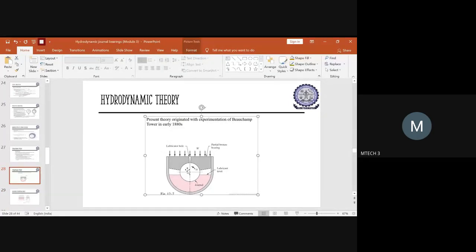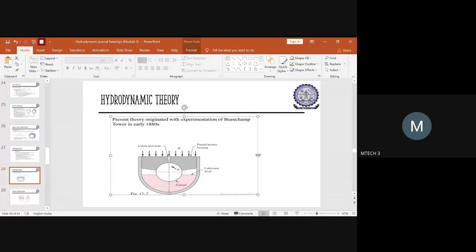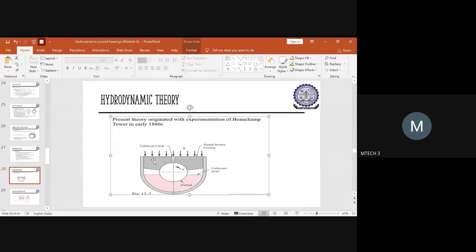And before going in, you just want to see how the pressure distribution looks. Suppose you have the inlet here through which the lubricant oil will be spilled out. This will be our journal or the shaft, and you will have the bearing casing here. In between, you will have the clearance in which the oil will be spilled out, so you will have the thickness of a lubricant film over here.